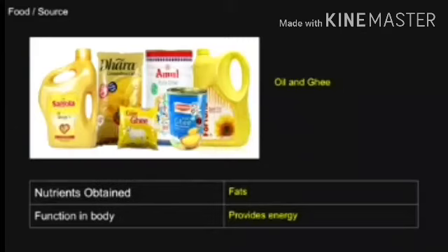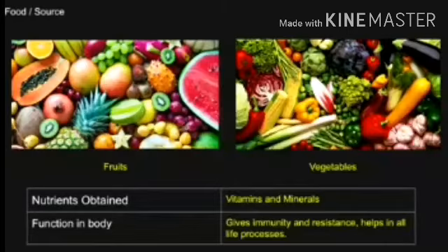Next food source is oil and ghee. From that we get the fats, and it is important for our body to provide energy. Next is fruits and vegetables.